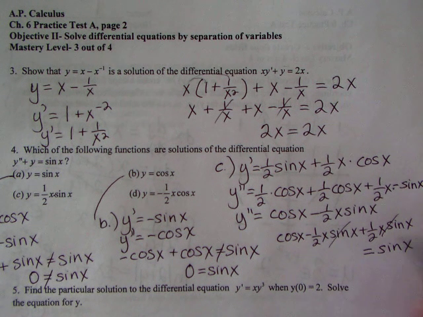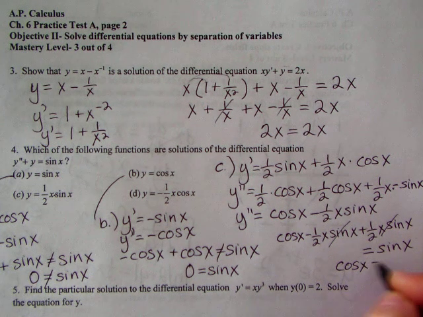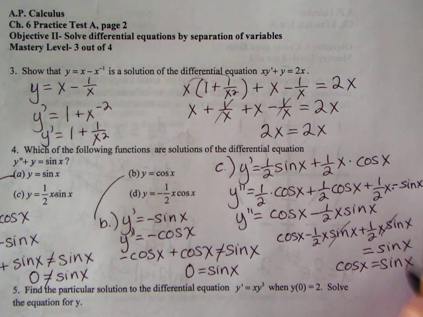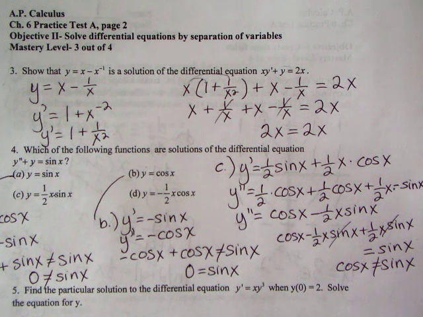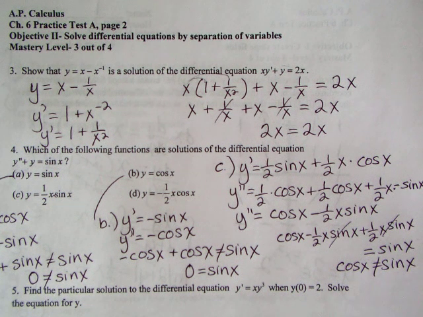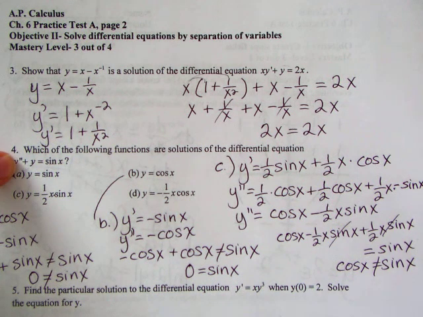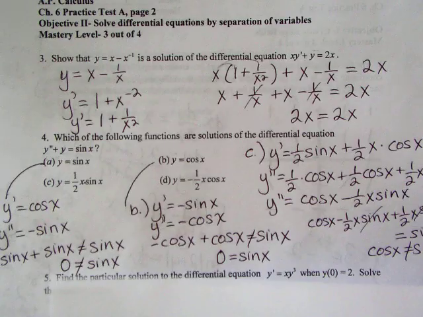So these cancel, that's good, but we end up with cosine of x equals sine of x, and that is not always true. So it's not C. So by process of elimination, it could be D, but again, this could be more than one answer or no answers.